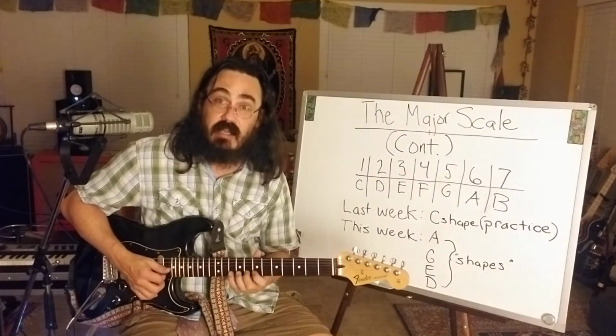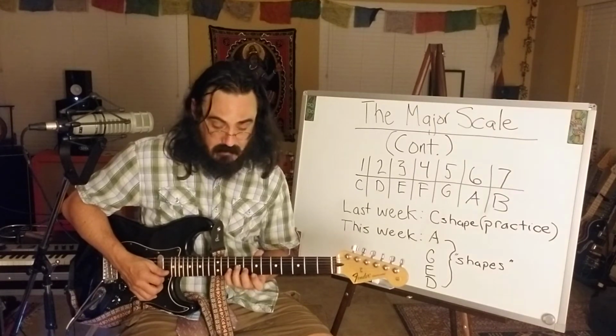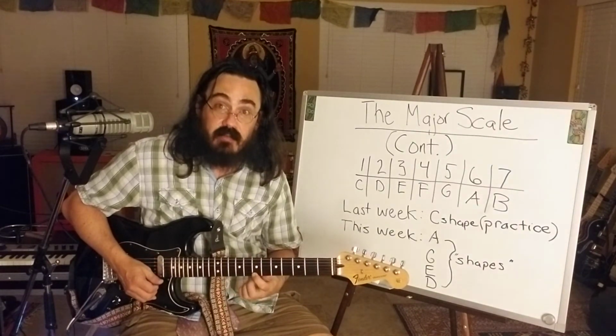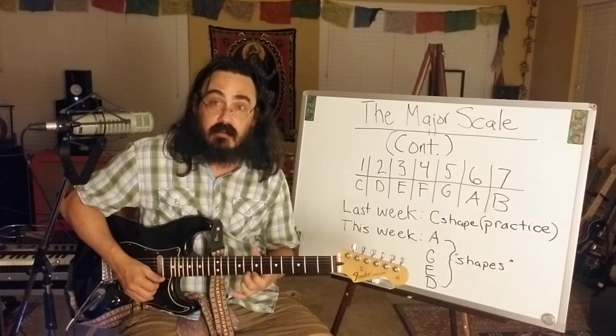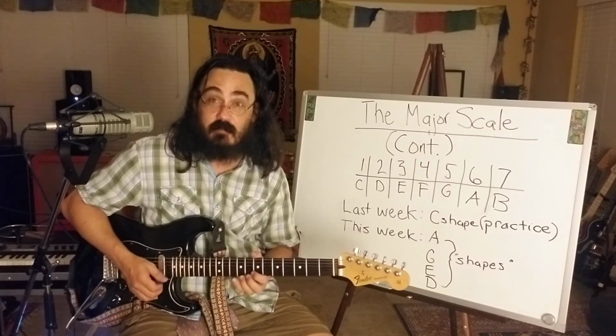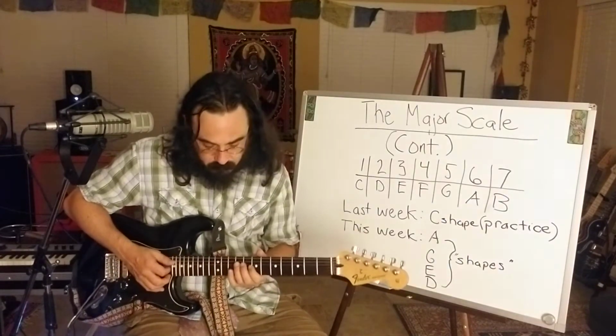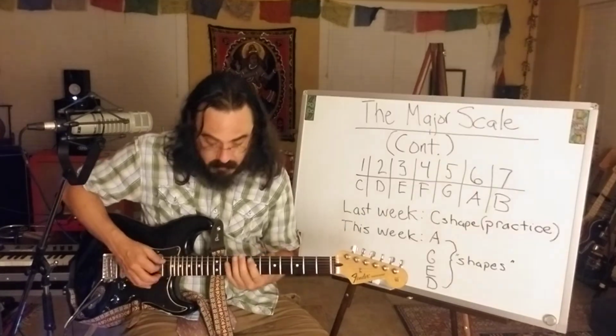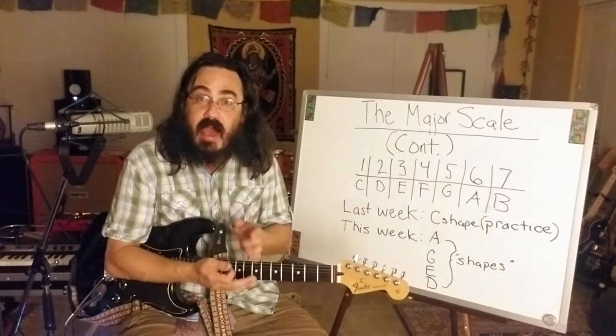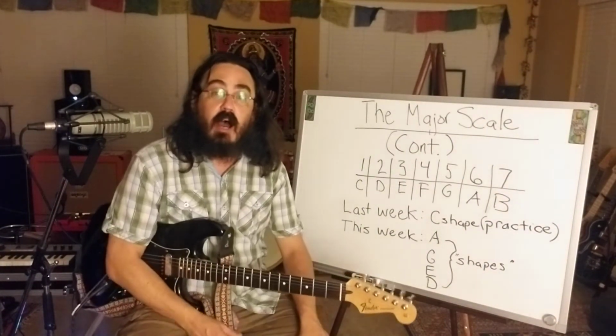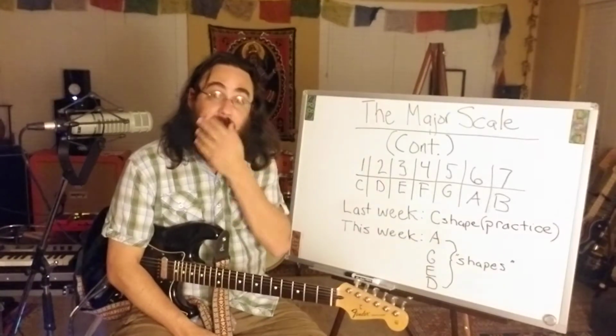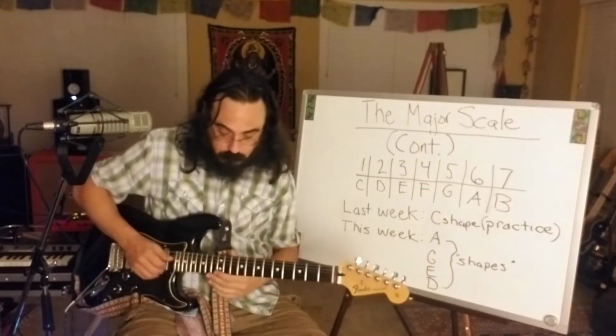So that's G, A, 5, 6, 7, B, A, something like that. Singing-wise, that is. But there you go. That's the bottom half of the C major scale in that E shape.